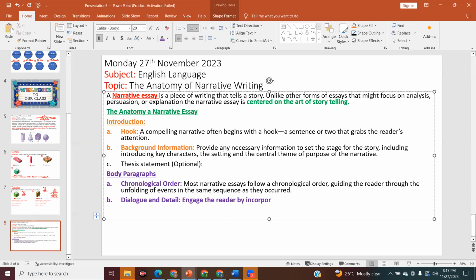So engage the reader by incorporating dialogue and descriptive details. Dialogue adds authenticity.